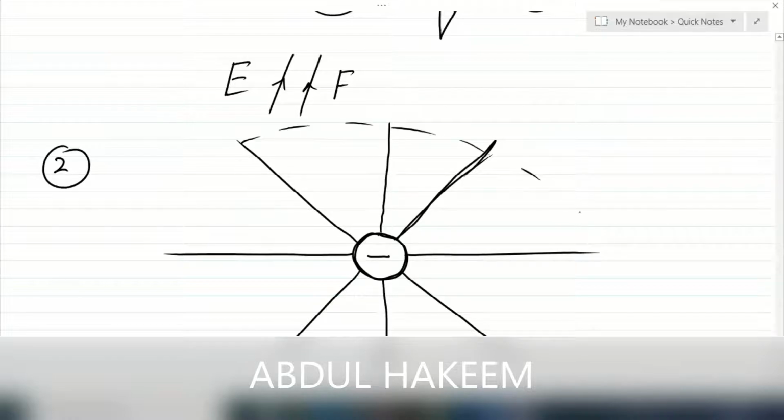When a test charge, meaning the positive charge, is placed inside the field, it is attracted by the force inward. That's why this force is inward. So the field lines for the negative charge are directed inward.